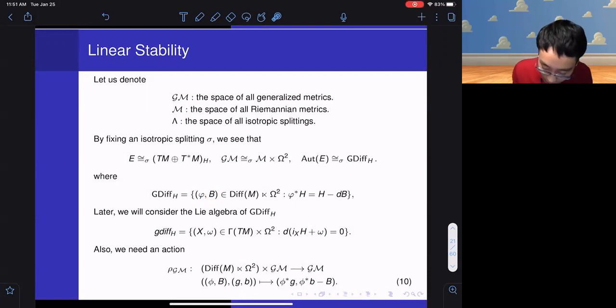They satisfy that B star H is H minus dB. If you take a derivative about the automorphism, we have X and omega, and d i_X H plus omega is 0.